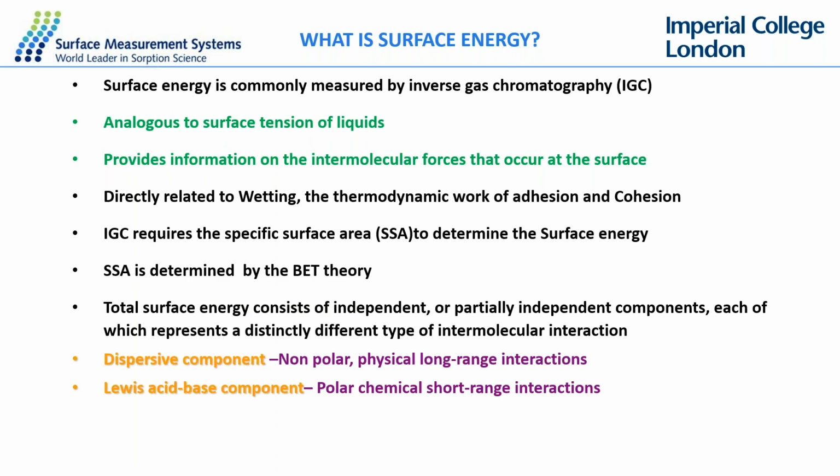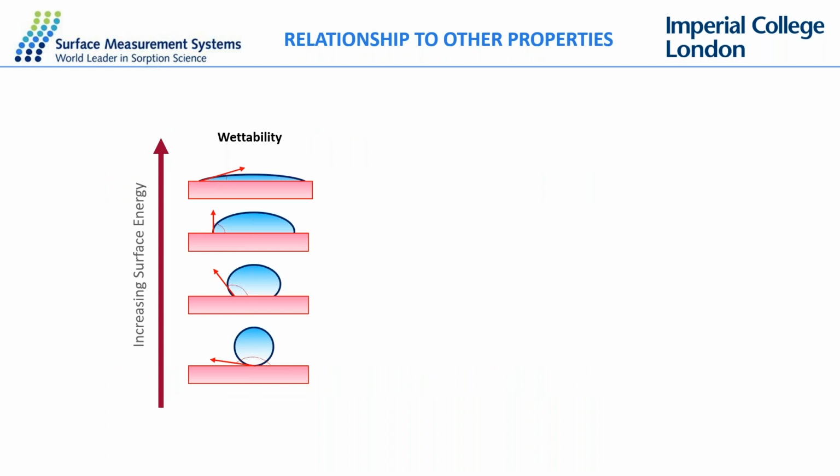The IGC requires the specific surface area to determine the surface energy, which is why we first determined our specific surface area using the BET theory. The total surface energy consists of independent and partially independent components, which represent different types of intermolecular interaction. We have the dispersive component, the non-polar, physical long-range interactions, and the Lewis acid-base component, the polar side, the chemical short-range interactions.